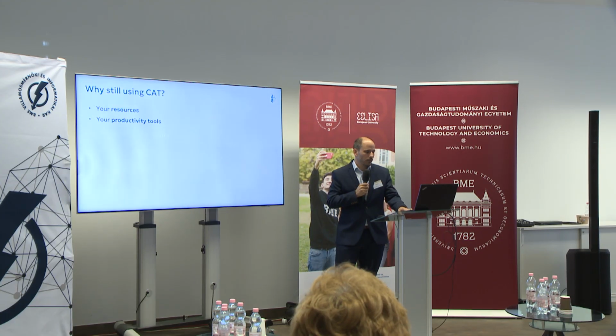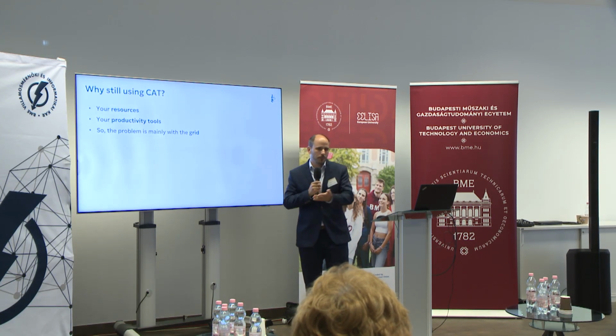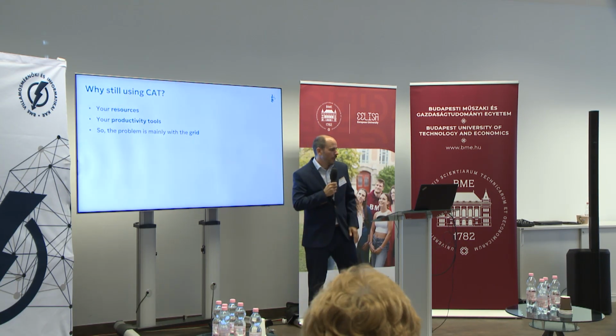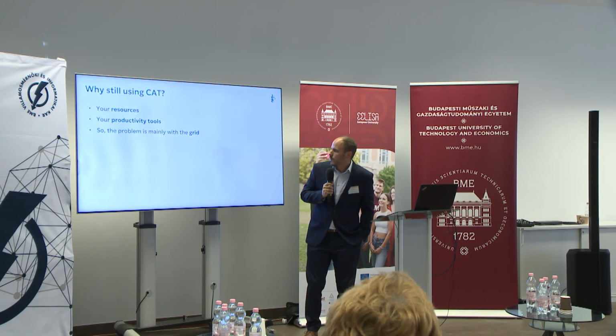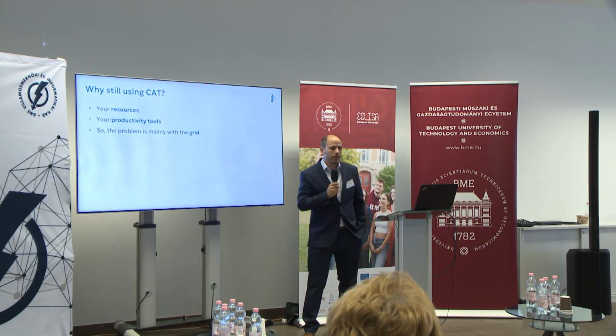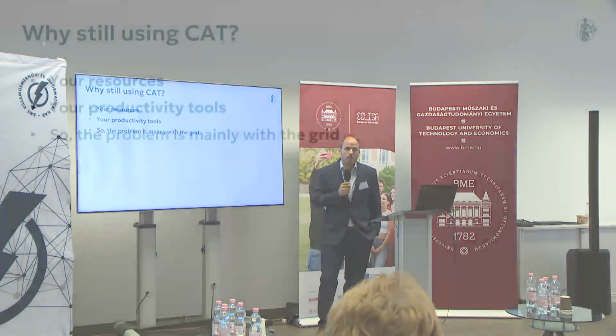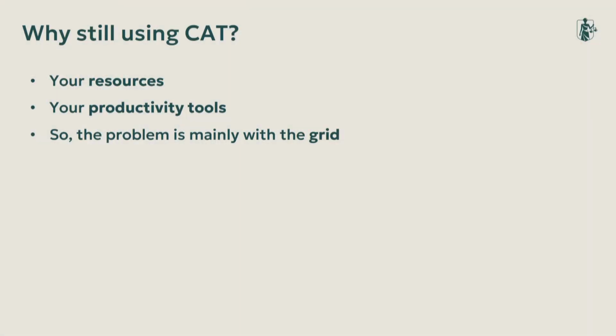Okay, so why still use CAT if ChatGPT can do the thing for me? Well, as I mentioned, my main problem is with the grid. The grid is really like it used to be for, I don't know, 30 years or so. But in CAT you have the resources and the productivity tools. Those are really, really important.